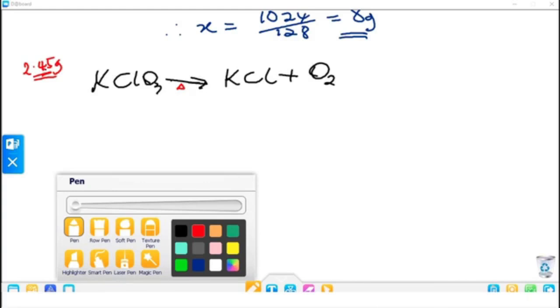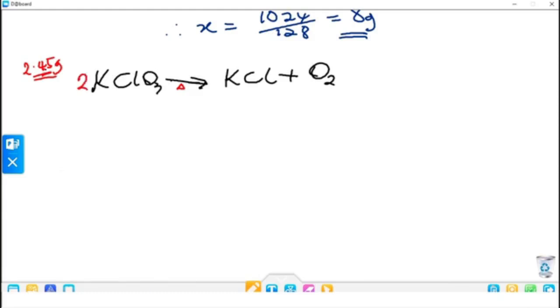That will make us attempt placing 2 here and 2 here. Potassium is 2, chlorine is 2, oxygen is 6, and oxygen will now be 3 here, so that makes it 6. So this is a balanced equation.